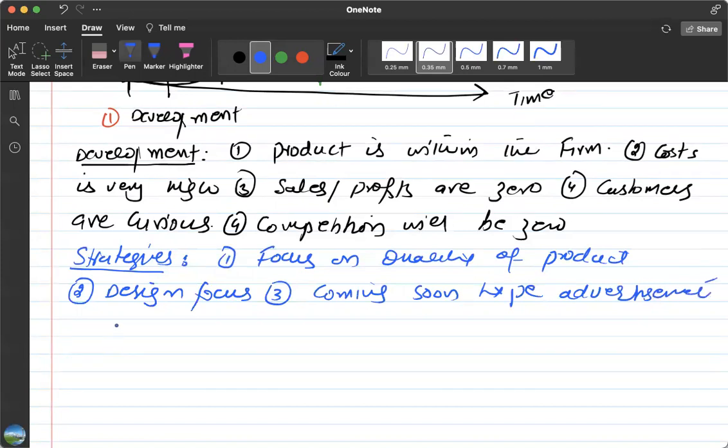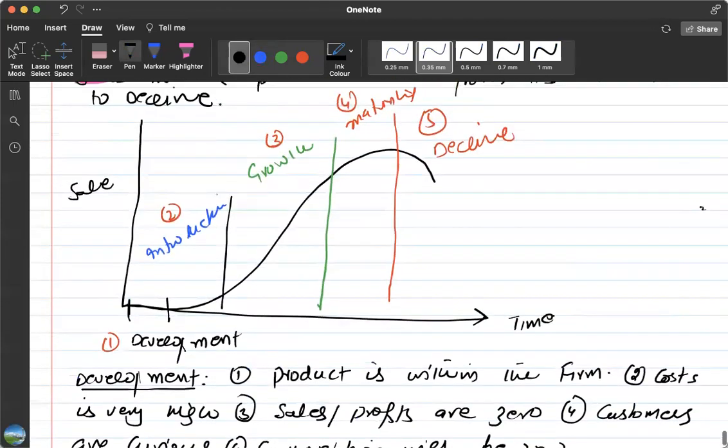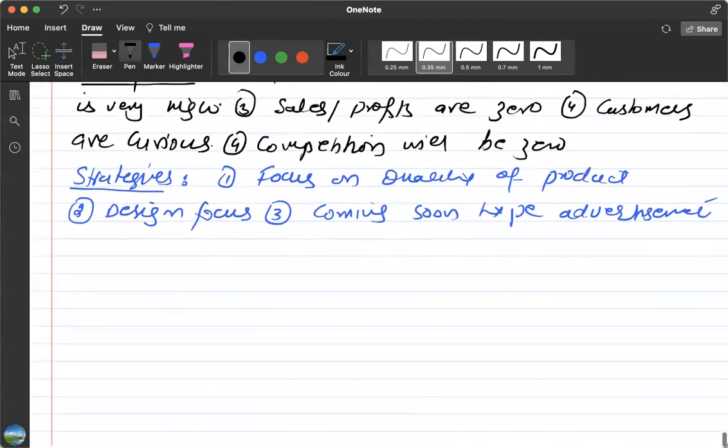Okay. The next stage of the product we have is introduction. Look at the graph. Development with the x-axis, now introduction.